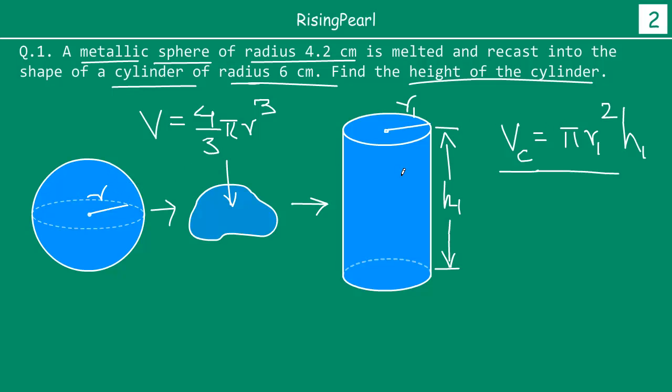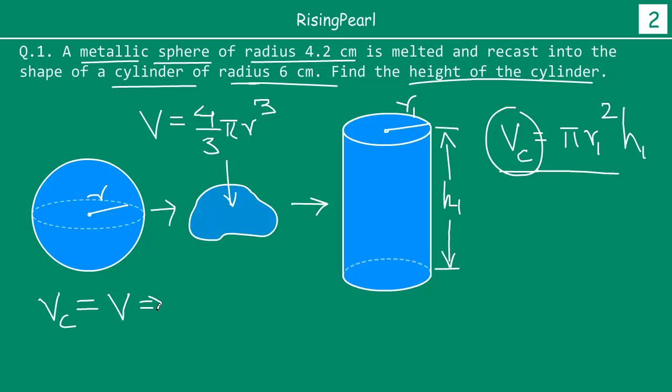Now what we do know is that because this cylinder is made from this melted metal, its volume must be the same as the volume of the melted metal, which is the same as the volume of the sphere. So the volume of the cylinder must be equal to the volume of the melted metal.